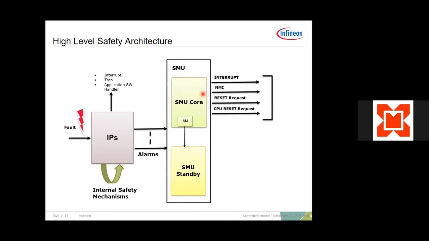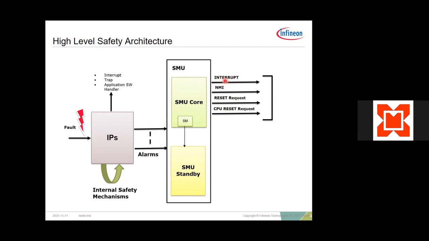Okay, so here you will see the internal reaction. Any fault in the MCU which is detected by the internal safety mechanism is passed to the SMU through alarms, and the SMU user has to configure the reaction for these alarms based on the severity of the failure. There are multiple options for generating the internal reaction for these alarms.